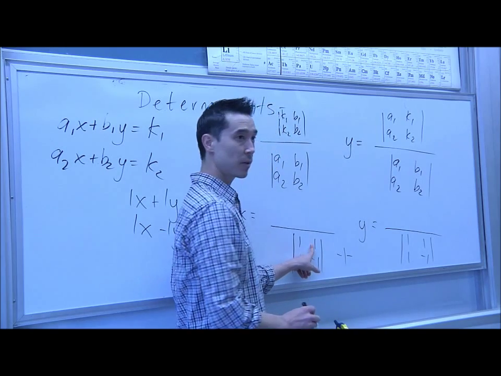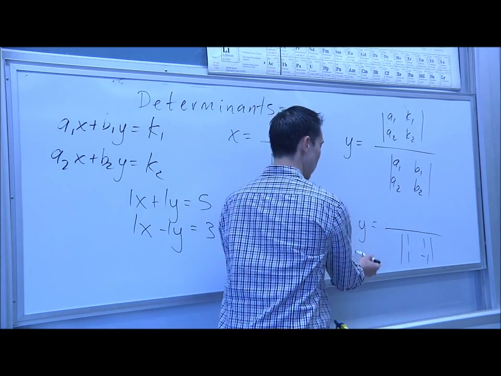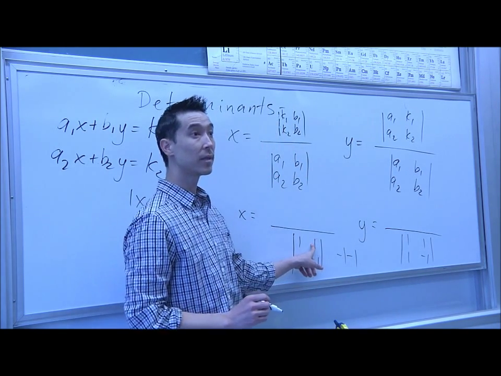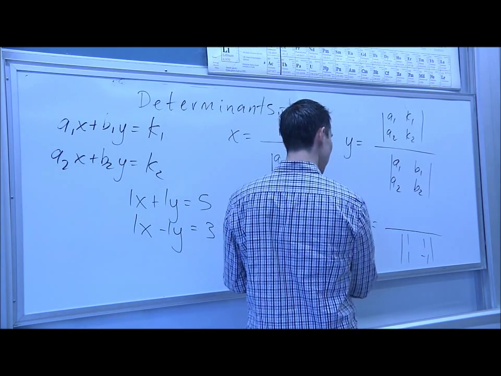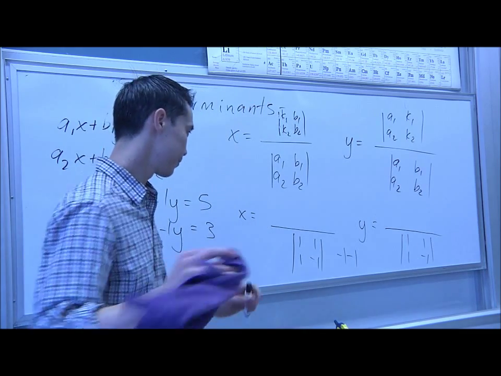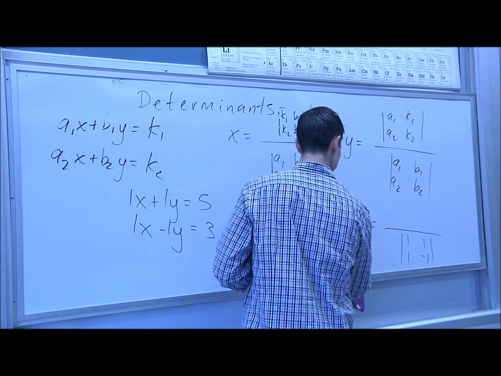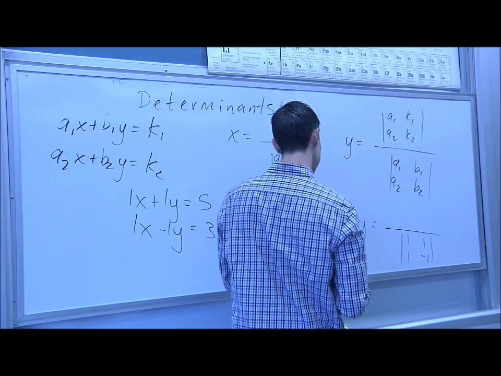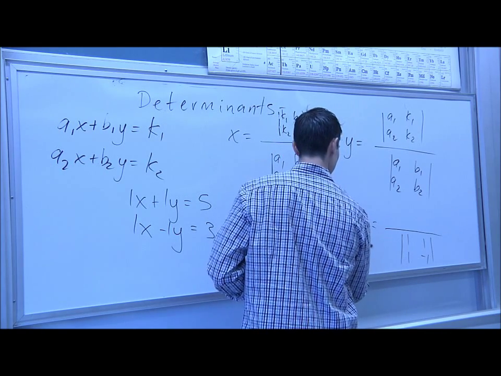Minus 1 times 1 is 1. What is negative 1 minus 1? Negative 2. Great. So this bottom here is just negative 2. So we know the denominator is negative 2.